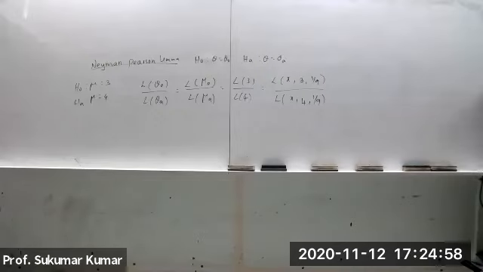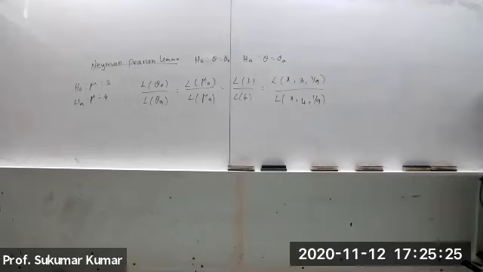If the observed value x falls in the critical region C, then we reject H naught in favor of the alternative hypothesis HA.